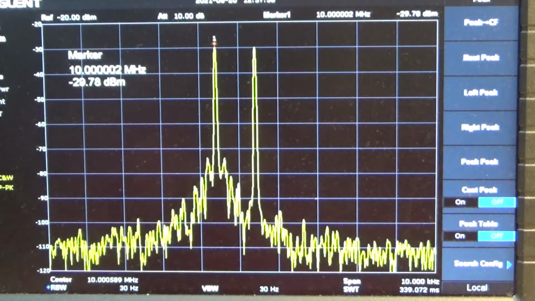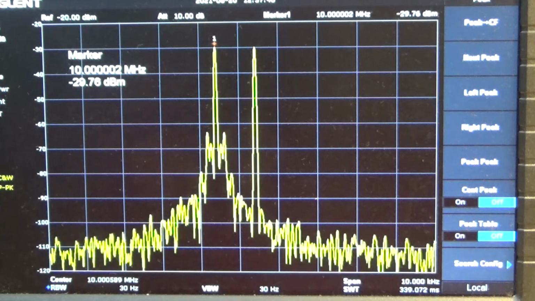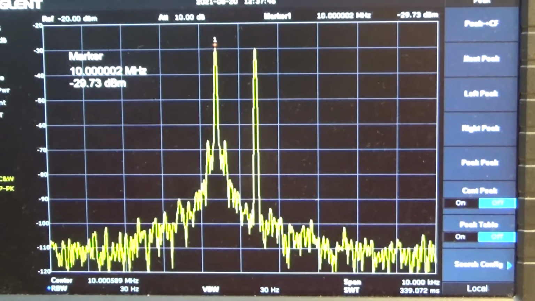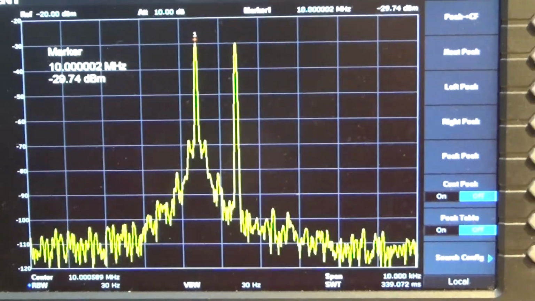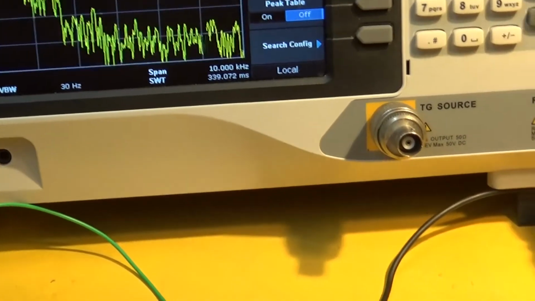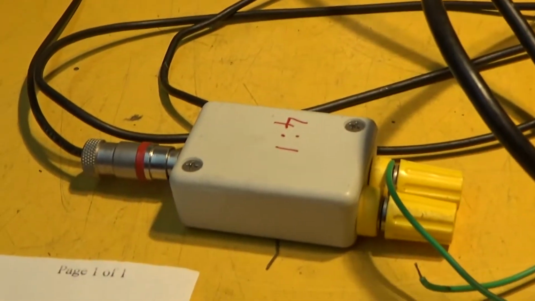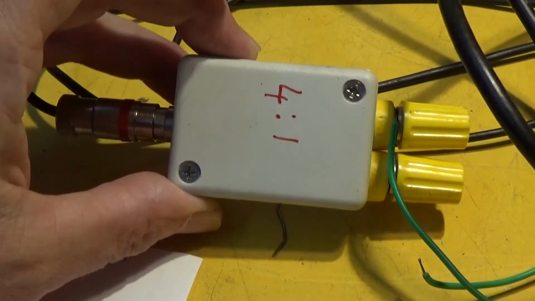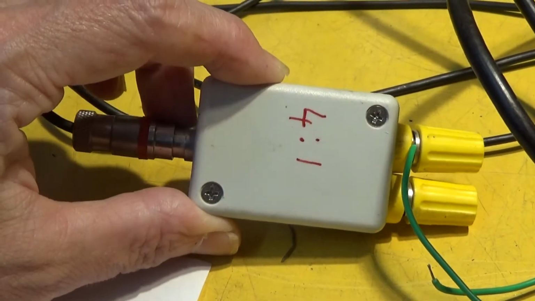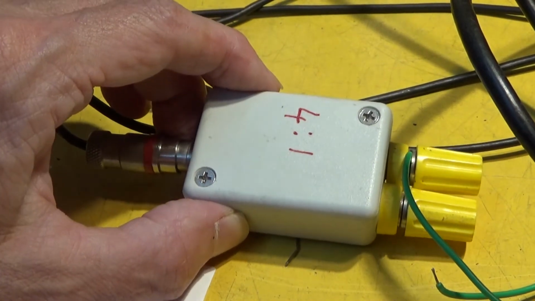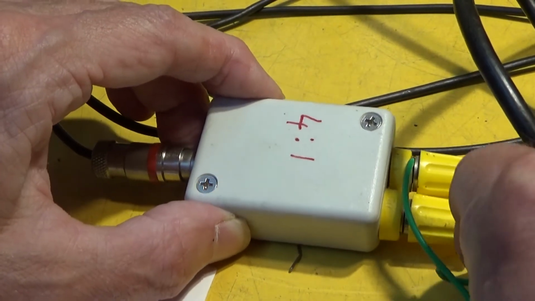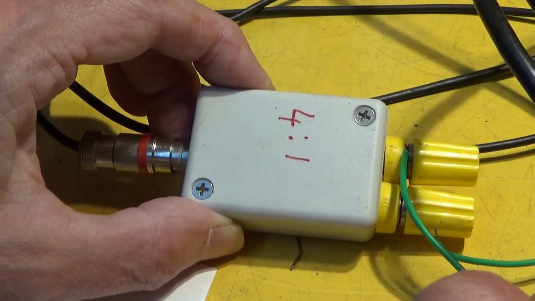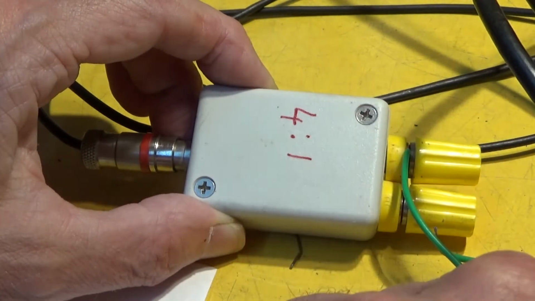This is an unbalanced signal coming out of that combiner, and my loop amplifier has a balanced input. So I have to convert the unbalanced signal coming into this box into a balanced signal, and one of the wires has fallen off. This is basically a balun. It just happens to be a 4-to-1 balun.